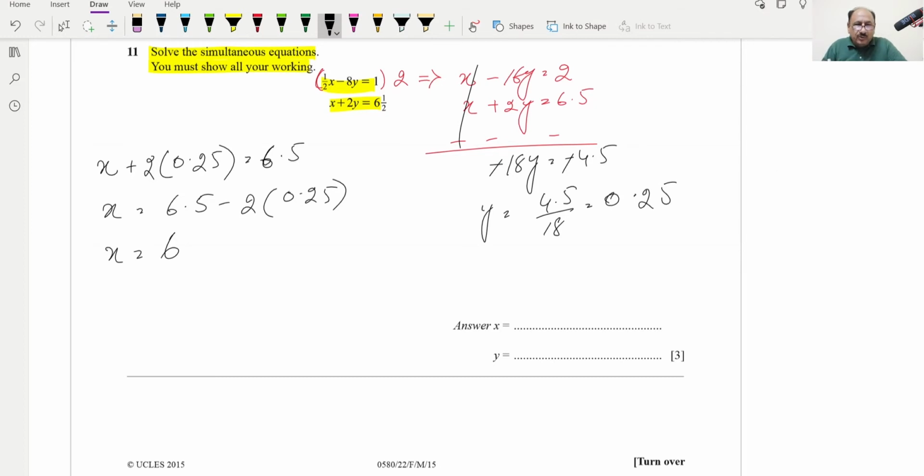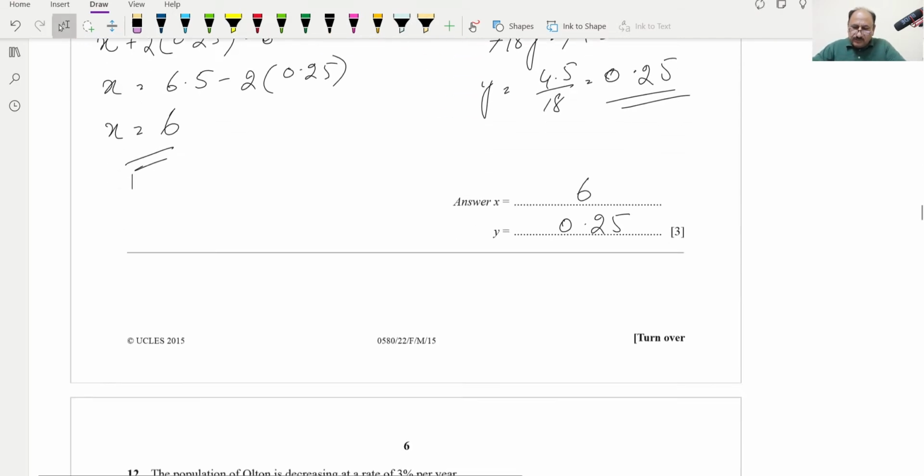So x value is 6 and y value is 0.25. So we are done with this 3-mark question.